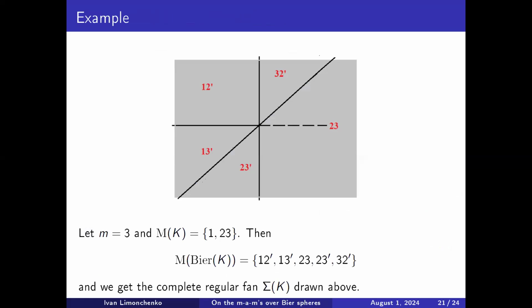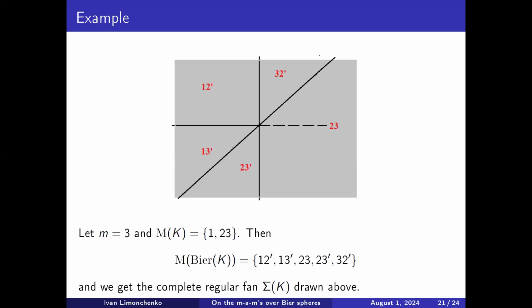Well, finally, in these last slides, I just wanted to give you an example of our construction, what this complete regular fan looks like. Here is m equals 3, and I take K with maximal simplices {1} and {2,3}. If I do this, then it can be easily checked from the definition that the maximal simplices of the corresponding Bier K are just these 5 edges, and actually it's a pentagon.